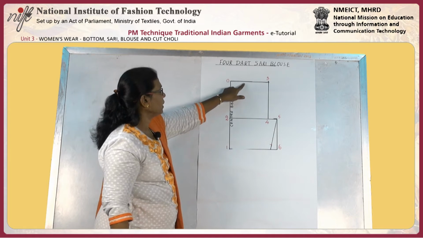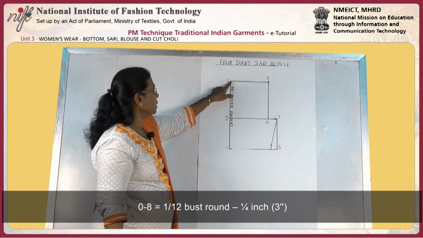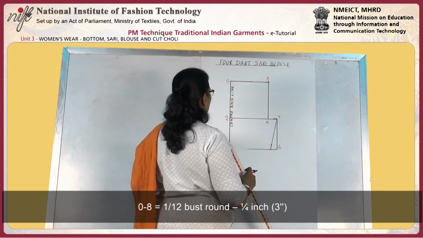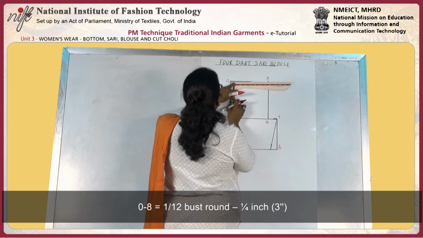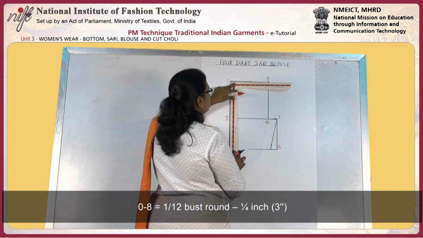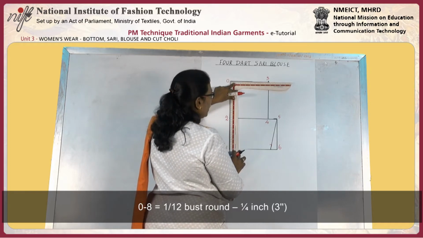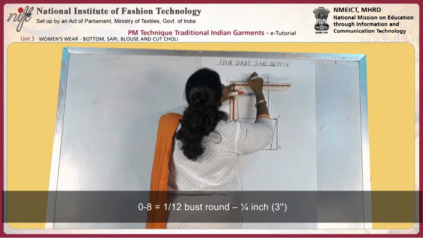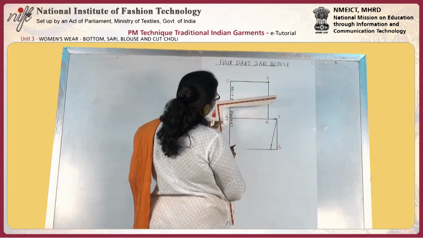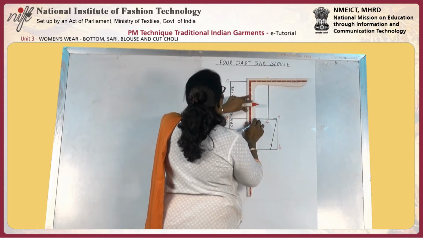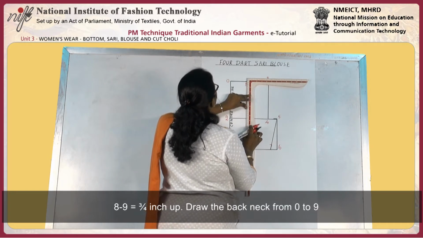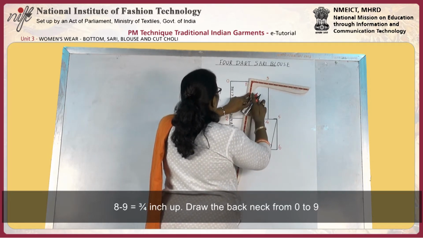Now we should mark the neck. Neck measurement is 0 to 8, 1/12 of bust minus 1/4 inch. 34.5 is the bust round. 1/12 of bust is around 3 1/4, minus 1/4 is 3, and then go up by 8 to 9, which is 3/4 inch.